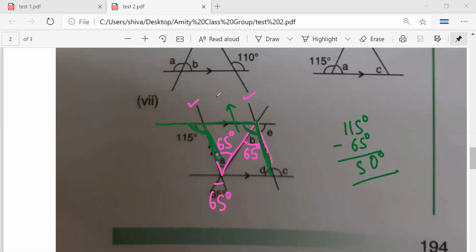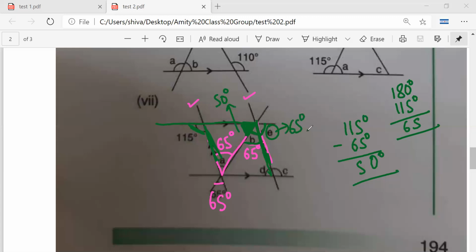So this angle would be equal to 50 degree. I have this angle. I have this angle. Therefore, I can find this angle because the sum would be 180. So E would be equal to 180 minus 115 degree. This will be equal to 65 degree. Therefore, E would be equal to 65 degree.